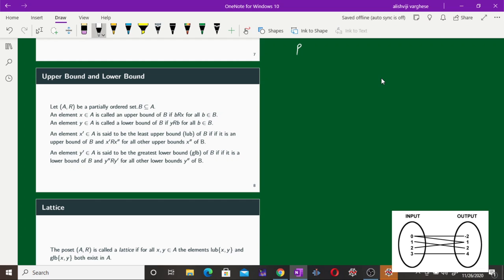If we consider the set of all real numbers with less than or equal to, then if we take two elements a and b, obviously either a is less than or equal to b or b is less than or equal to a.